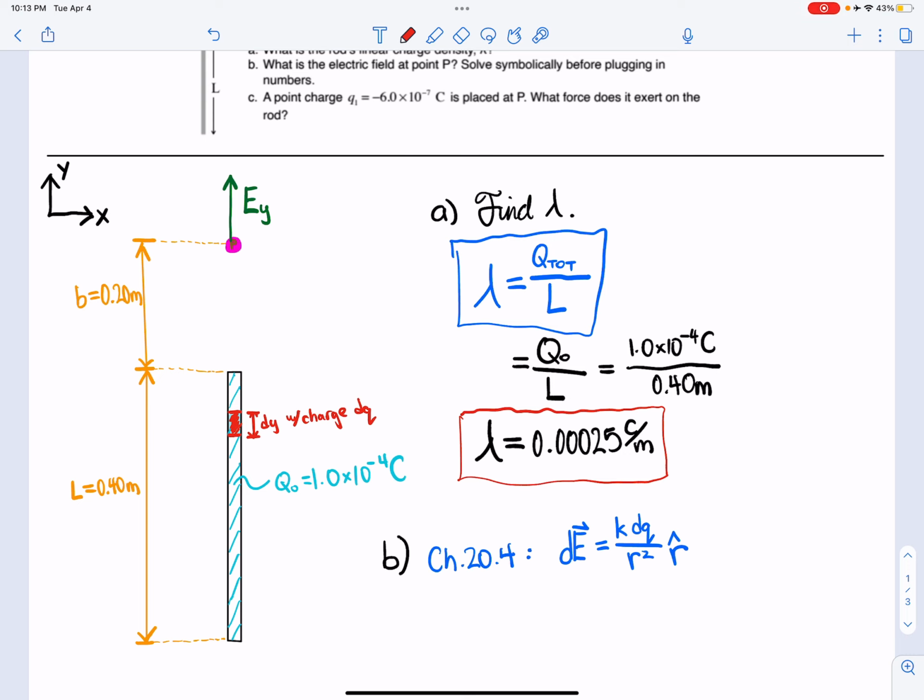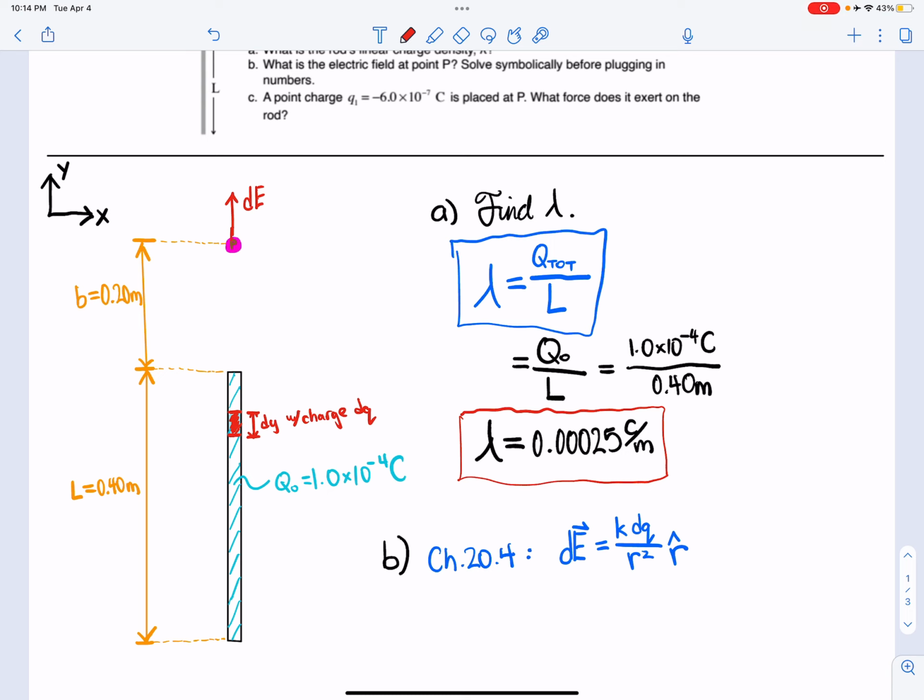That is going to have an effect on the point P, right? It will have a certain electric field due to that little piece of our rod. So it will have a certain dE along the y direction, right? And again, we'll have to add up all the little dEs that exist in this thin rod. They all have a certain dE that point P feels.